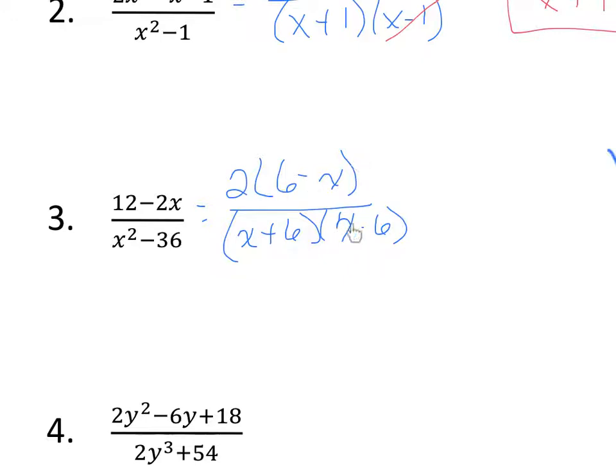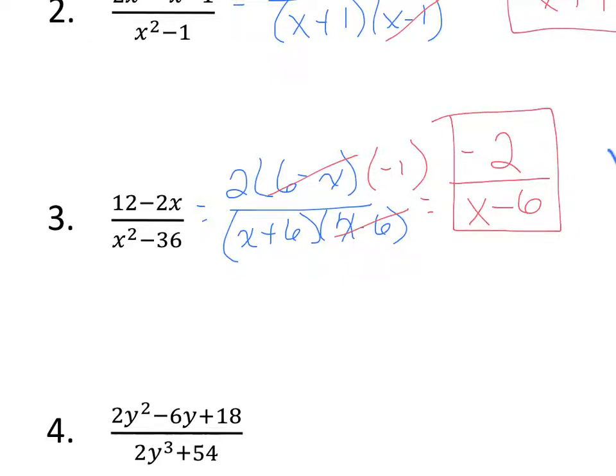They're opposites. So if you cancel these, you have to remember to replace them with a negative 1, and we always put that in the numerator. So what you have left here is 2 times negative 1 in the numerator, negative 2, over x minus 6 in the denominator.